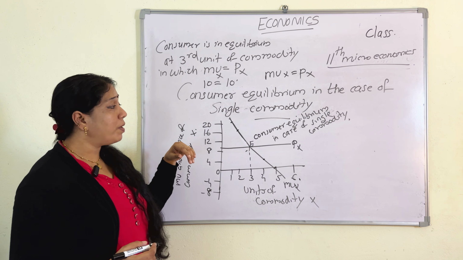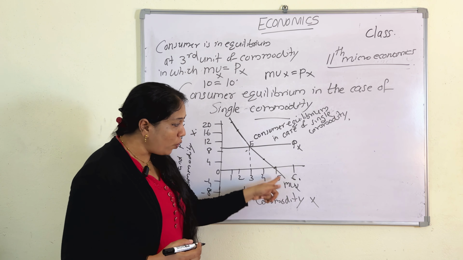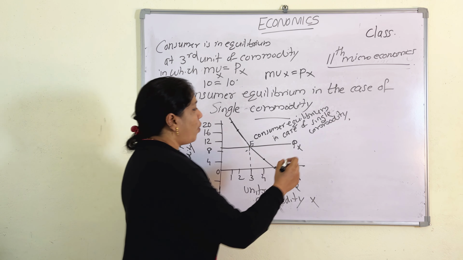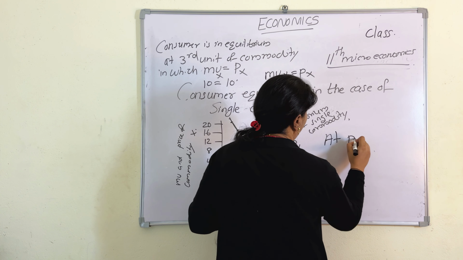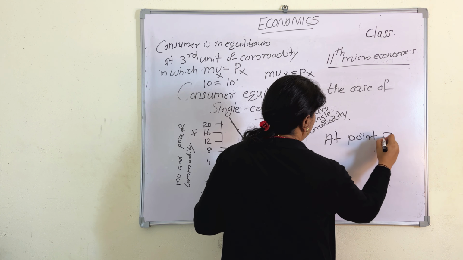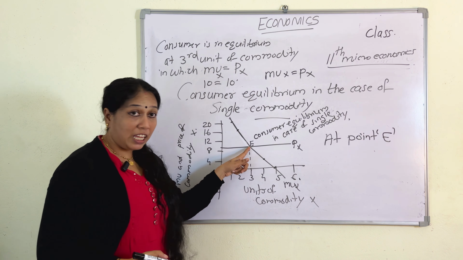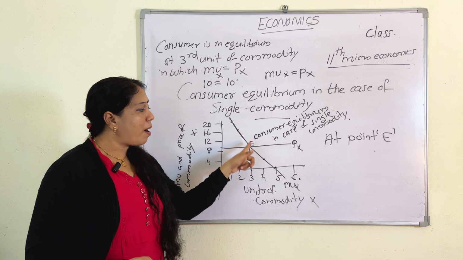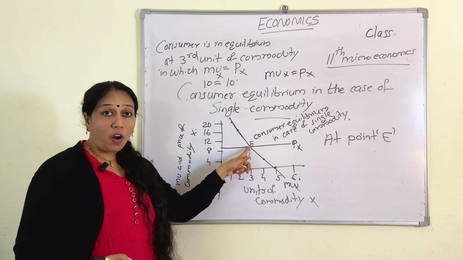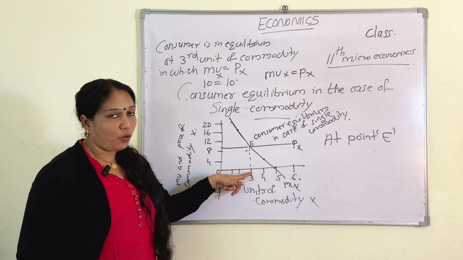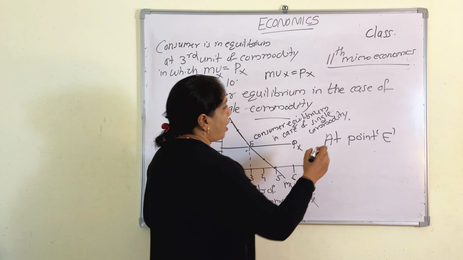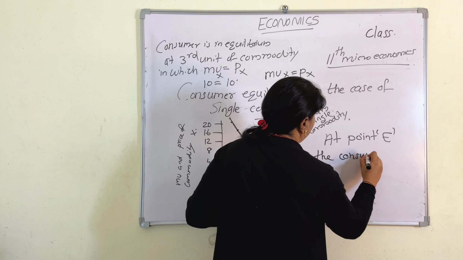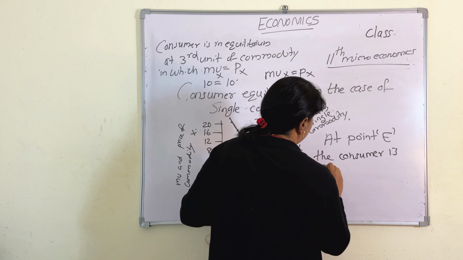And here the consumer is in equilibrium when MUX is equal to PX at point E. So here the consumer is in equilibrium at point E. At point E, you can see that price of the X commodity is 10 rupees and marginal utility of the X commodity is also 10 rupees at the third unit. So at point E, the consumer is in equilibrium.